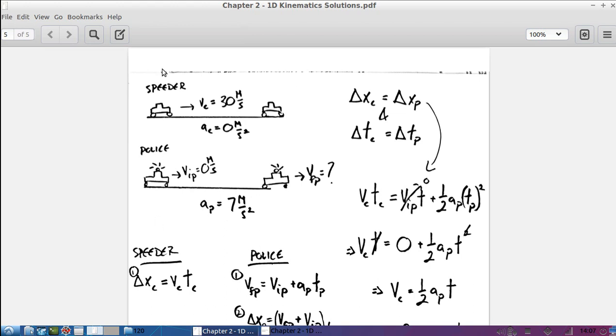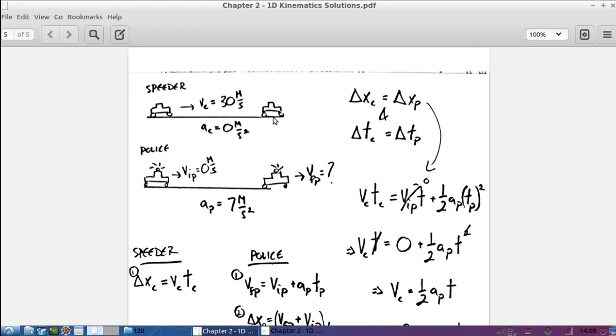They don't just start at t equals 0. I get to call this x equals 0. So when the speeder passes the police car, that is the speeder's and the police car's initial position, the same initial position. When the police car catches up with the speeder, we'll say he's in the left lane and the speeder's in the right lane, and the police car has overcome the speeder.